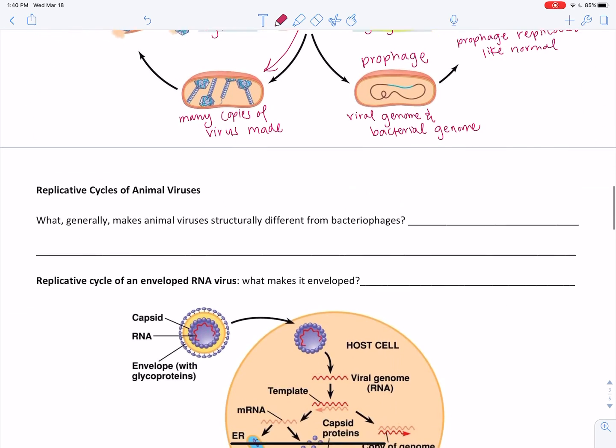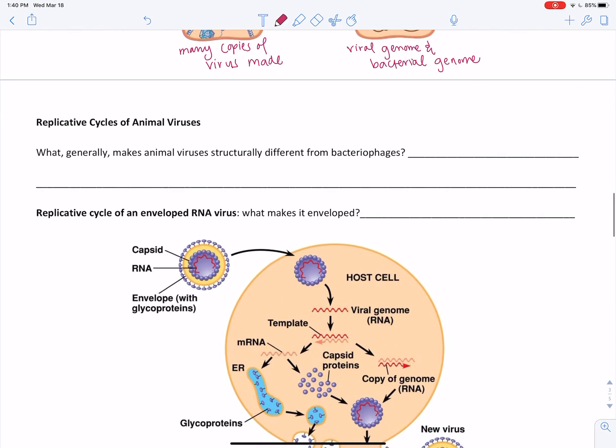Animal viruses differ from bacteriophages in a couple ways. The first way is that animal virus genomes are more often RNA. And animal viruses have an additional envelope.